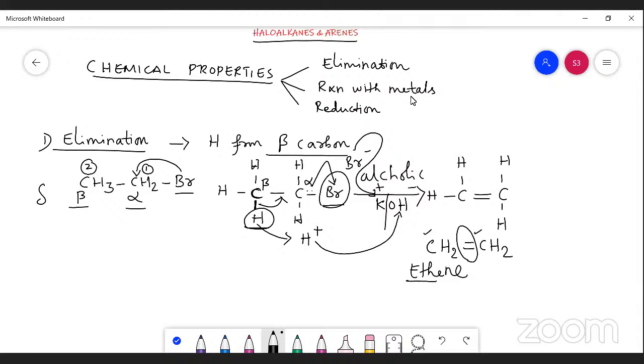Only one double bond, so I will use the suffix ene. This is how we have to give the name to the compound. This is ethene. Is ethene a common name or IUPAC name? It is an IUPAC name. If you write ethylene, it is a common name. So ethylene is a common name and ethene is your IUPAC name.